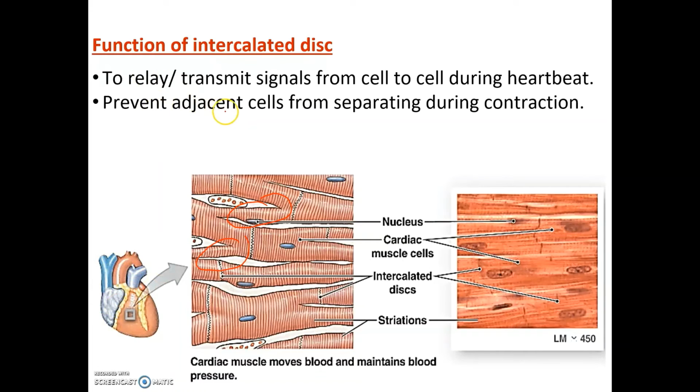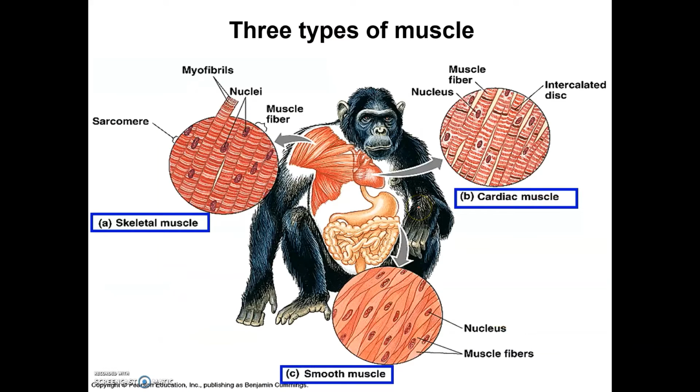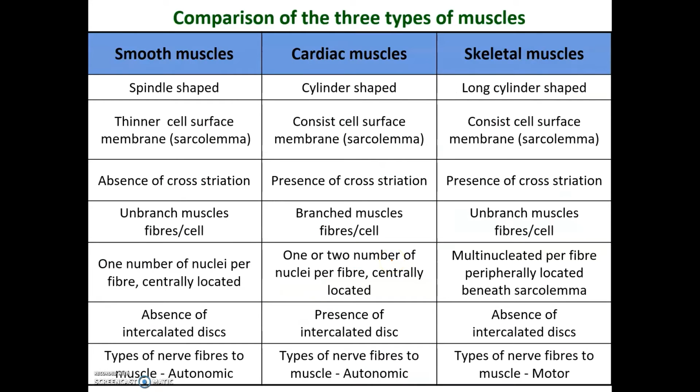So they need to prevent the cells from separating during the contraction. The three types of muscle we can compare based on different features, such as the striation, whether they have branches or no branches, the number of nuclei, the location of the nucleus, the shape, and so on.